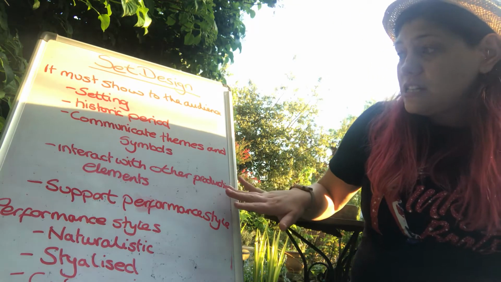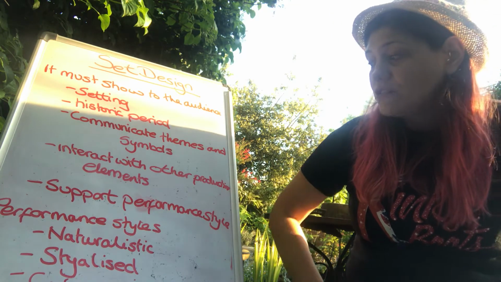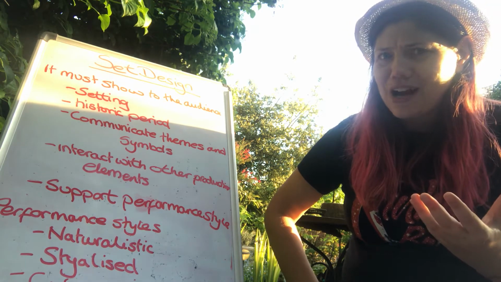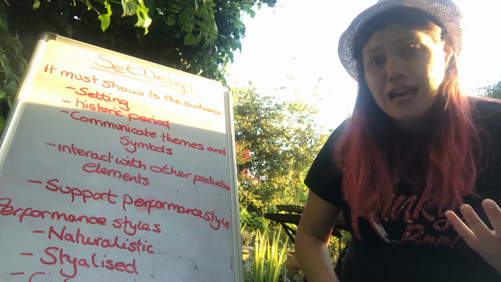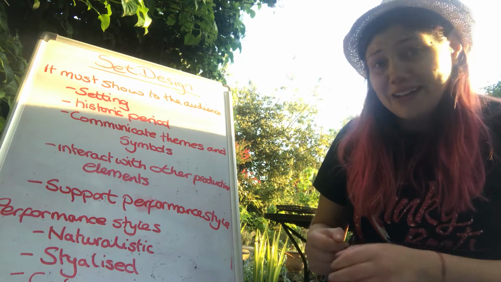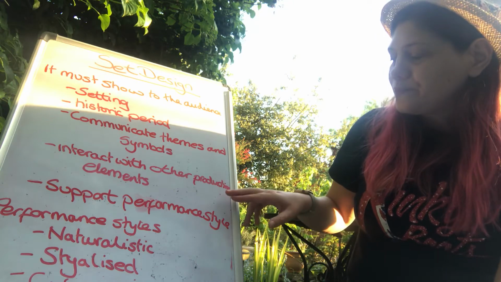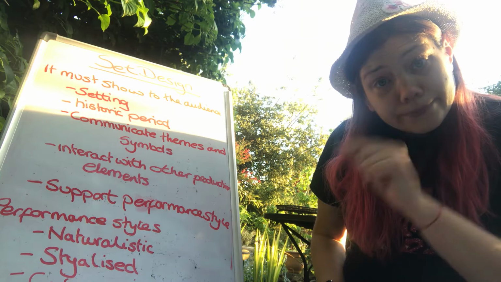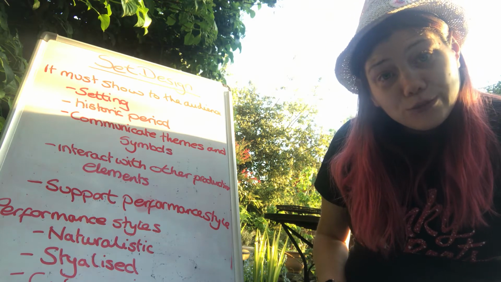So it needs to be able to interact with other production elements. Lighting is the big one it needs to interact with, and also the actors. Actors are clumsy, so we need to take that into account in our set designs, especially if you have children in a play.